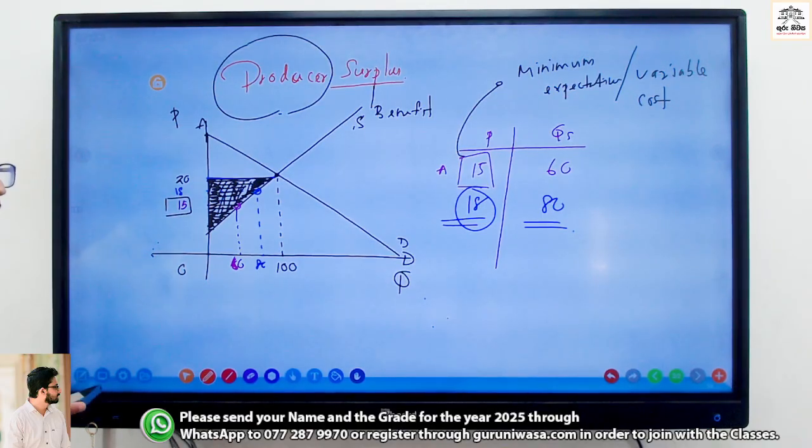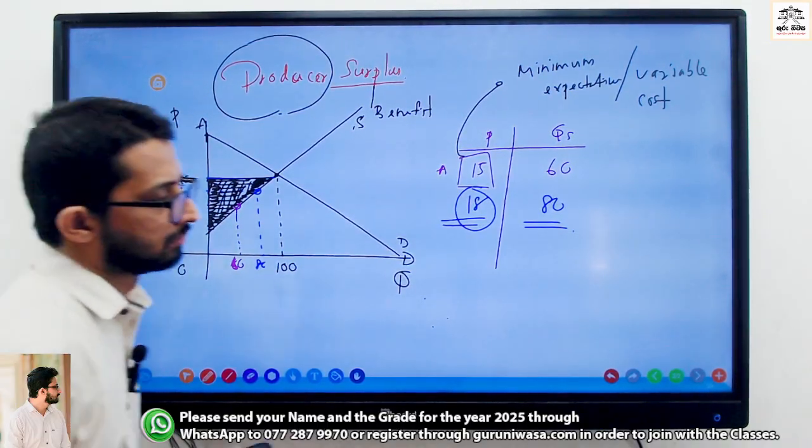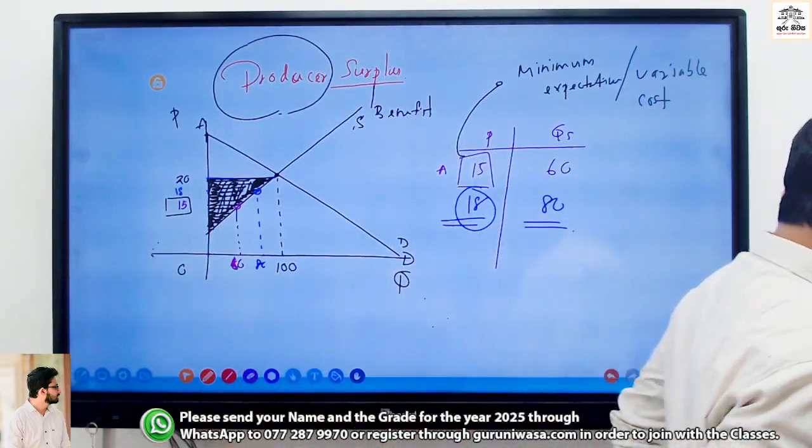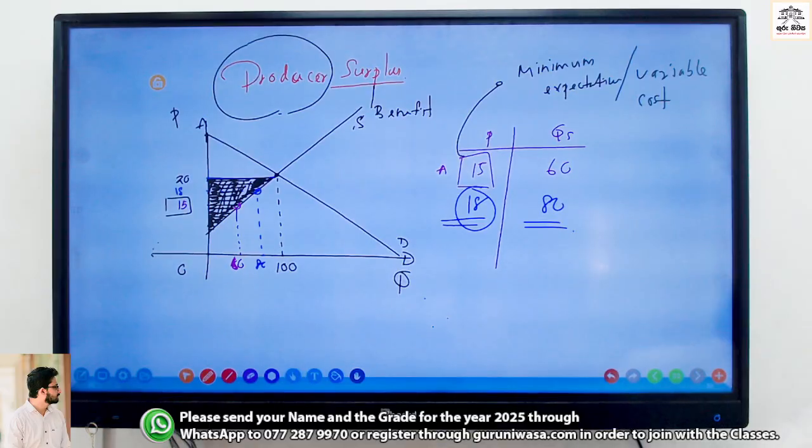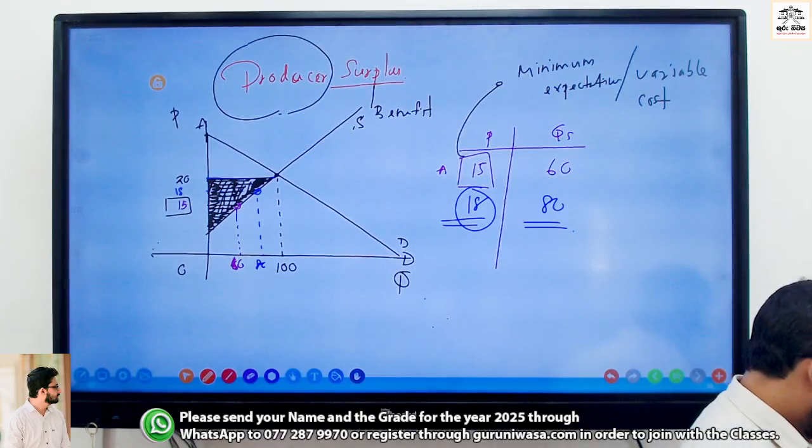Excuse me, sir. Yes, Daru. Why is the starting point of the supply curve below 15 rupees?